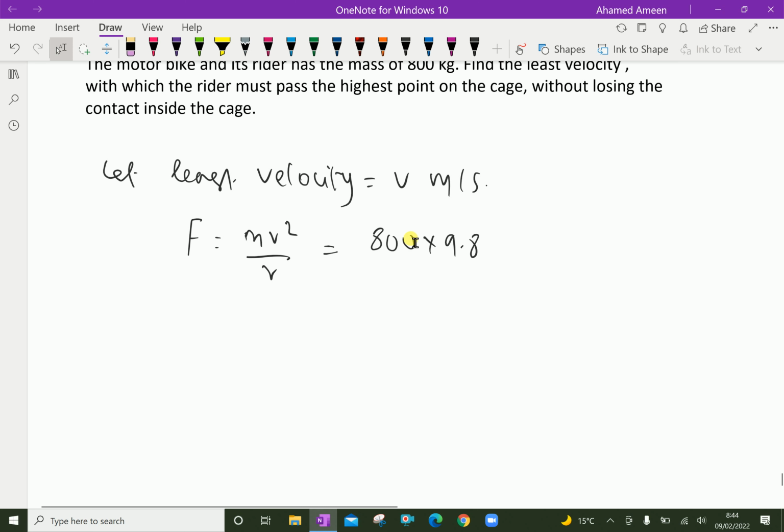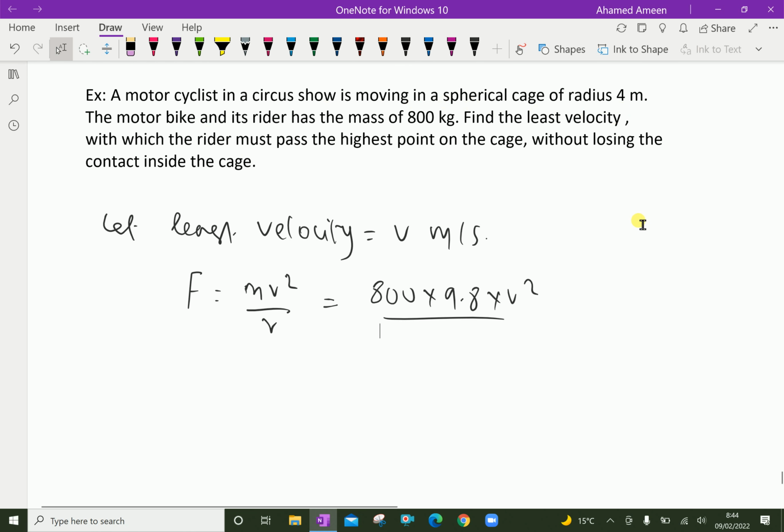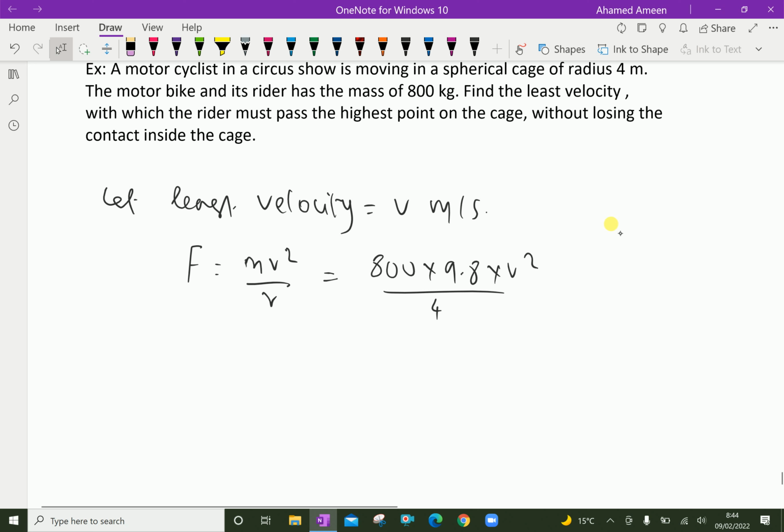Actually mass is 800 kg with 9.8, and that v squared over radius 4 meter, which is equal, first we calculate 800 divided by 4 is 200 into 9.8, which gives 1960 Newton.